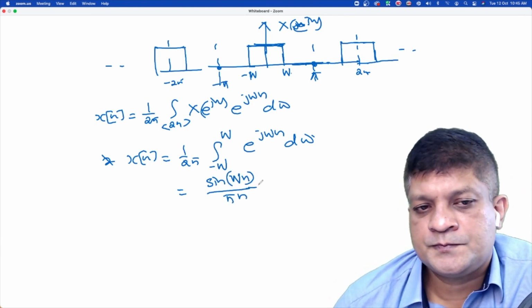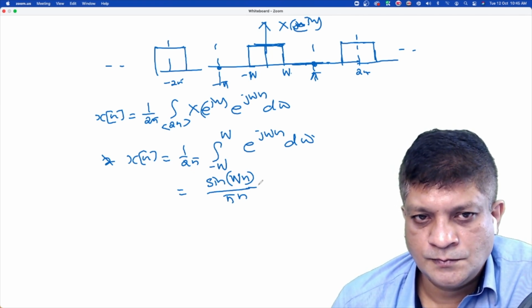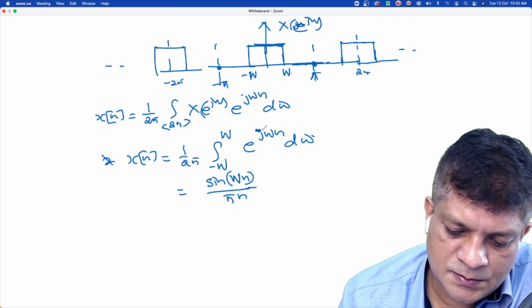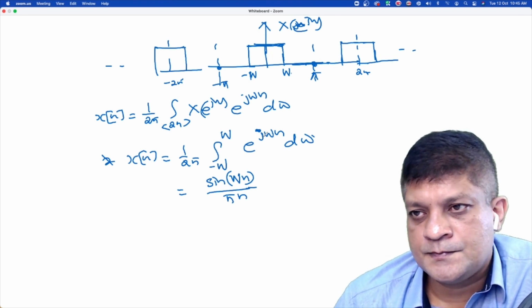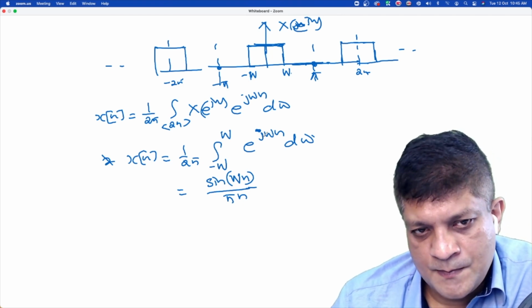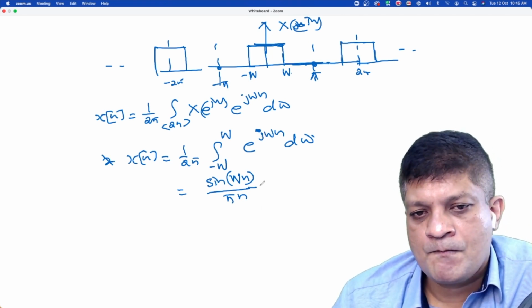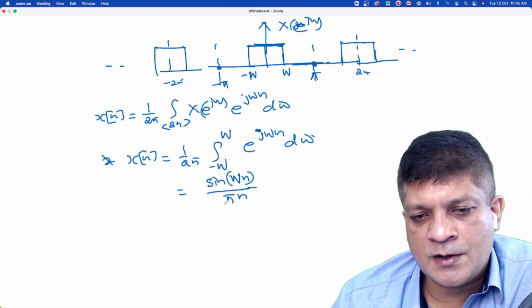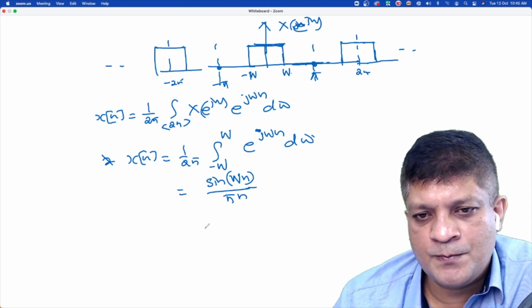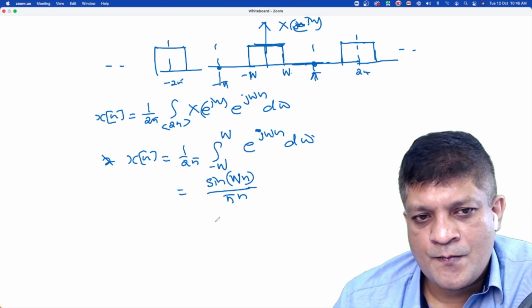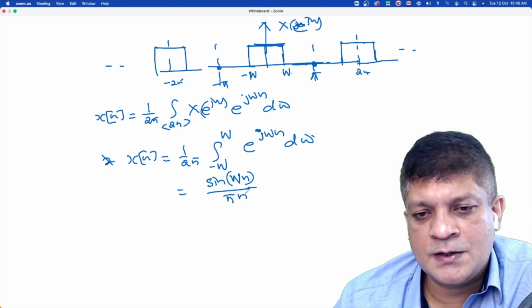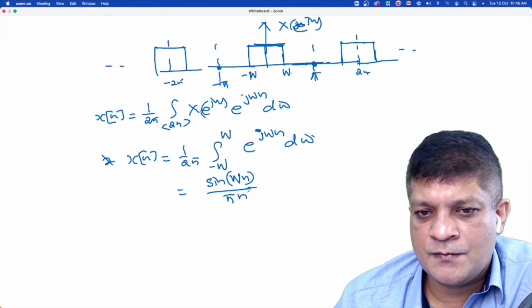Is it in the sinc form? Can you convert this into standard sinc form? Tell me, what is this signal in terms of the standard sinc signal?